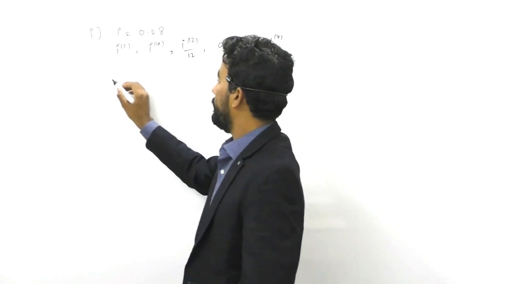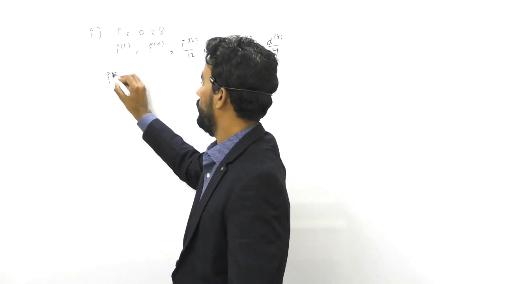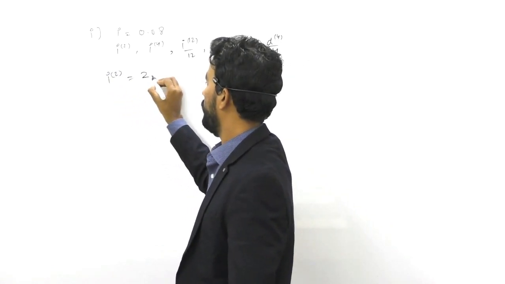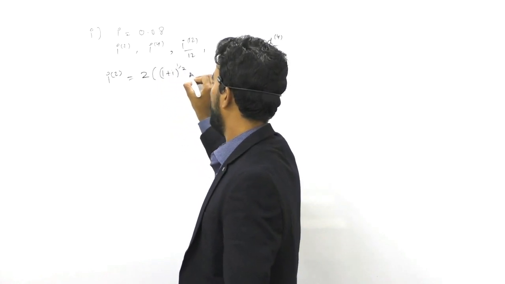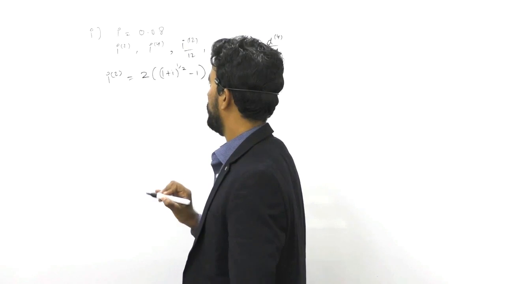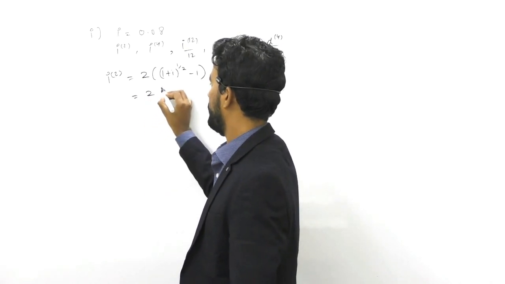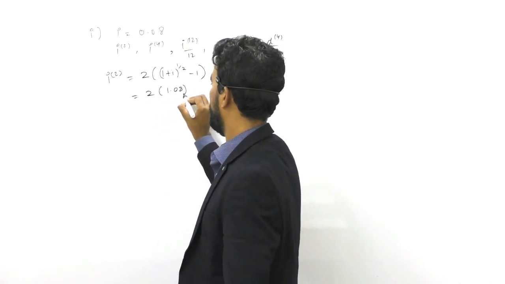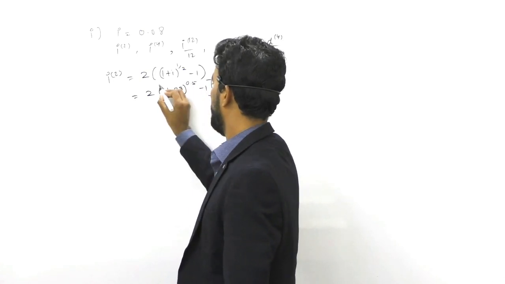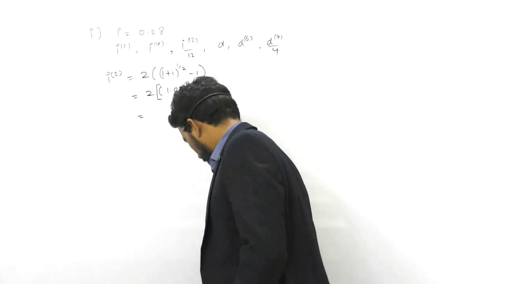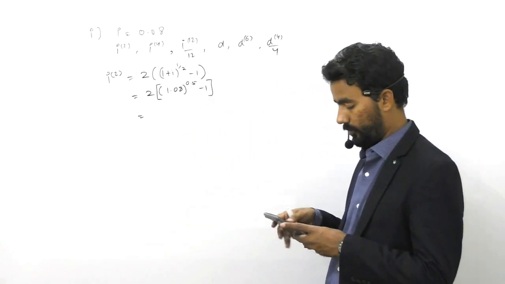So we have a formula that i2 = 2 × ((1 + i)^(1/2) - 1). I can use this formula to get my answer: 2 × (1.08^0.5 - 1). The calculator is here to do the things for you.